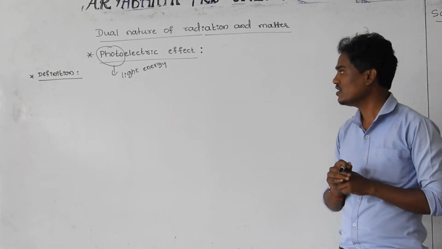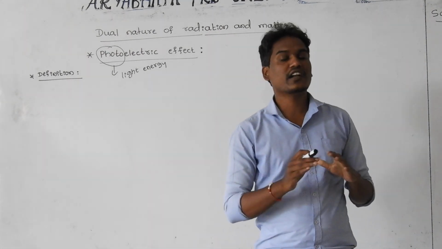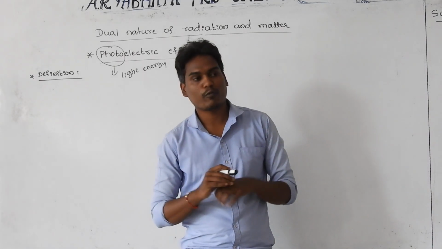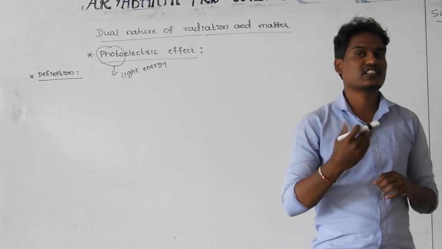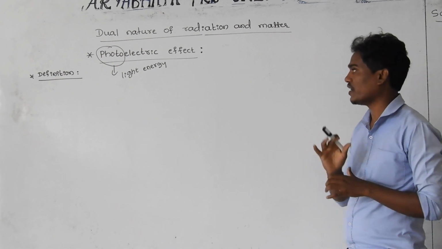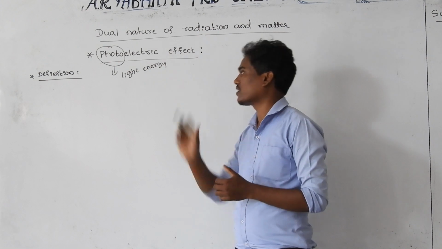By using light energy, we emit electrons from the surface of the metal. The emitted electron moves from one point to another, and whenever the electron is moving, there is a generation of current. That generated current is called photo current. That's why the title is the photoelectric effect.